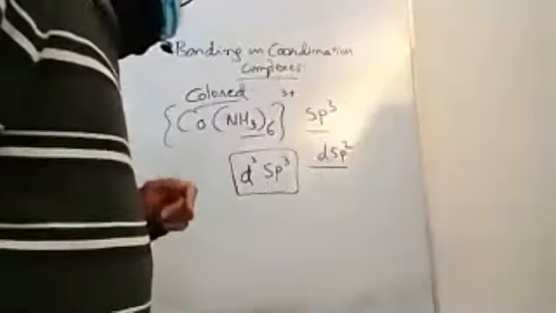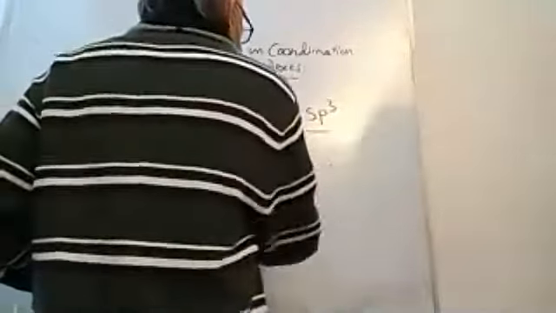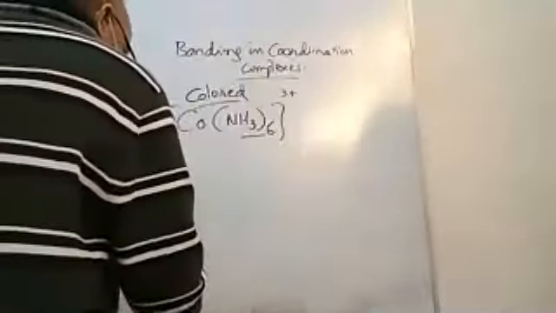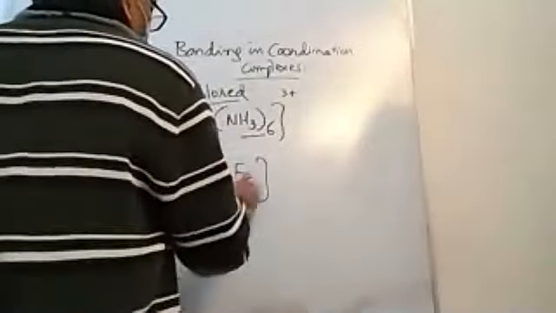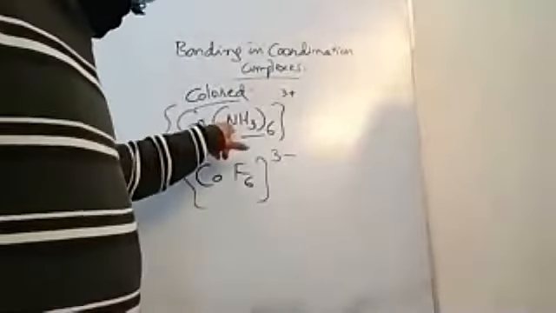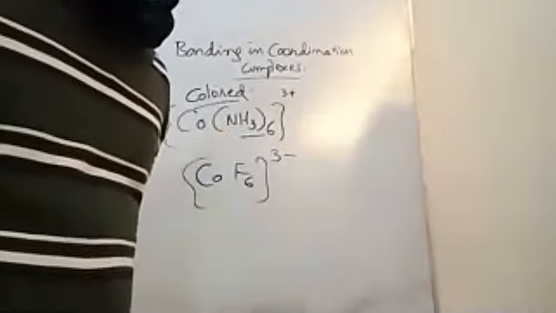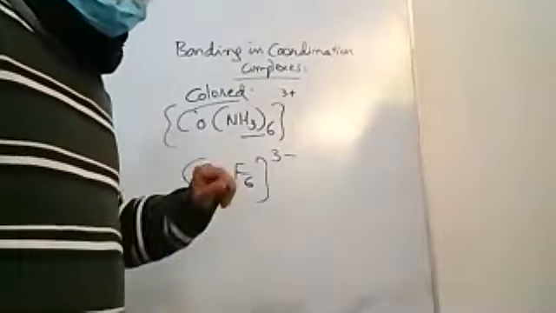The second big issue was, let's say, if I look at two complexes of cobalt, one in which you have ammonia as a ligand. In the other complex, I have fluorine as a ligand.